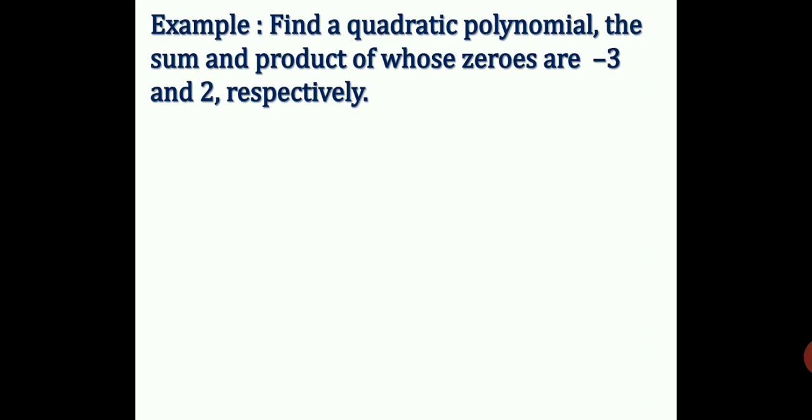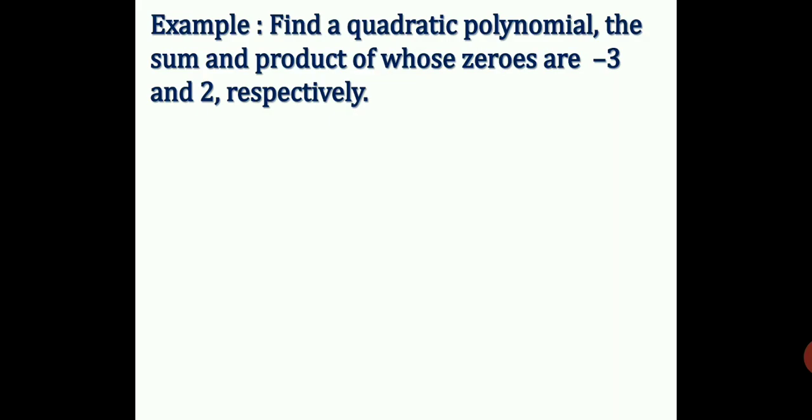Now let me take the second example. Find the quadratic polynomial whose sum and product of zeros are minus 3 and 2 respectively. So we are given that the sum of the zeros is minus 3 and the product of the zeros is 2. Now you know that this is a quadratic polynomial.